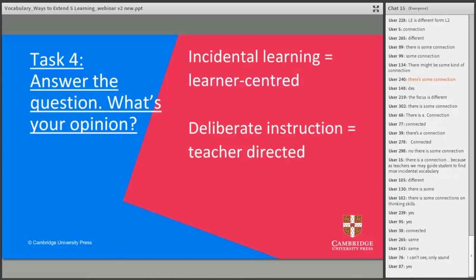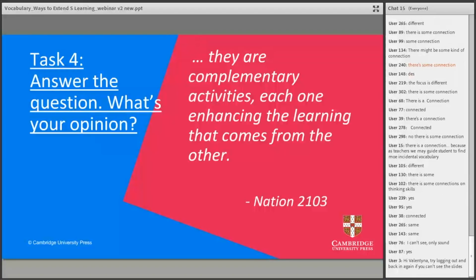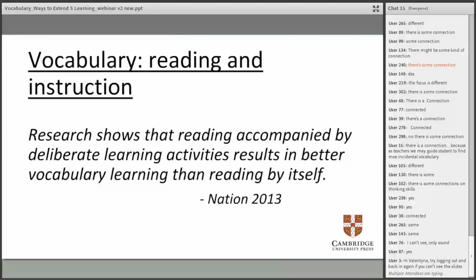Whereas deliberate instruction is more directed by the teacher. So it's where the teacher has an aim in mind in terms of teaching lexis, and they make a definite decision. However, Paul Nation says quite clearly that they are complementary activities and each one does enhance the learning that comes from the other. And I would certainly agree with that.